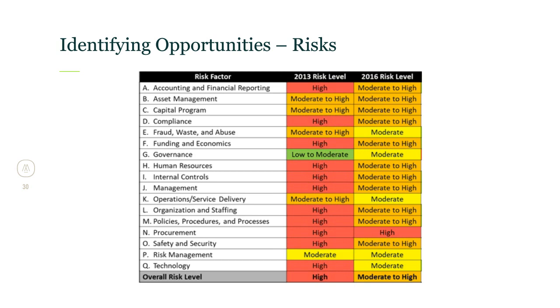This first slide is looking at a heat map, again in a tabular format, and if you look at the middle column, the one with the red, that's the internal audit assessment of risk. You can see a whole series of risk factors, and you've got ratings that range from low to moderate, moderate to high.